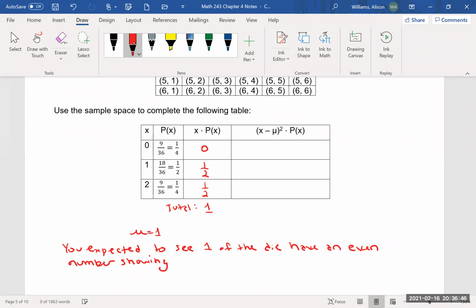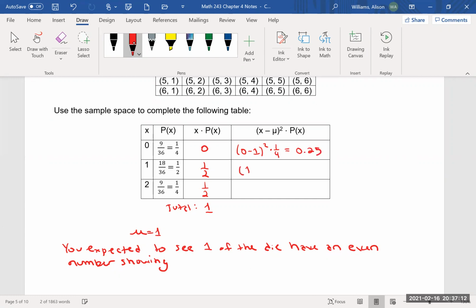All right. Let's go ahead and use that to calculate the standard deviation. So we're going to take each x and subtract the mean, square it, and multiply it by its probability. So that's going to come out to 1 times 1/4, which is just 0.25, I'm going to write it in decimal form.